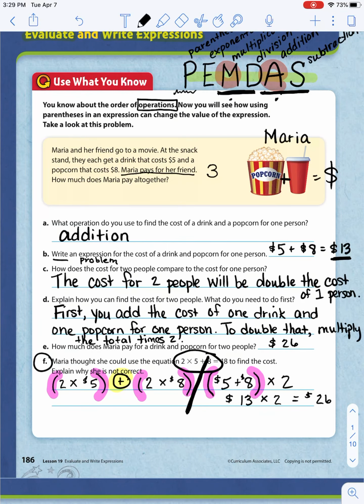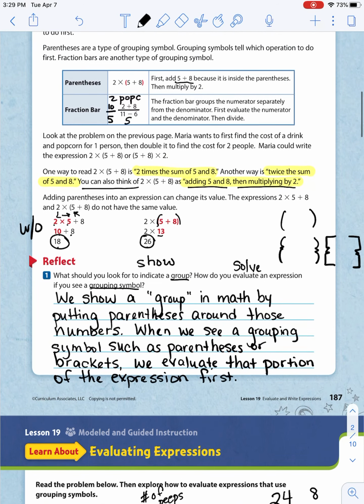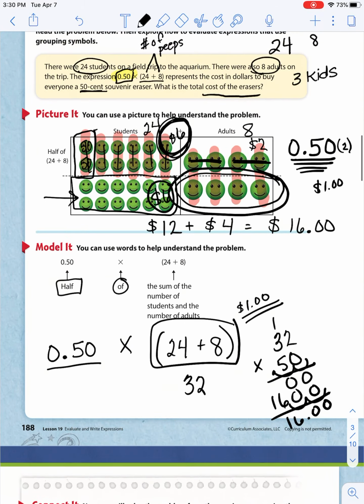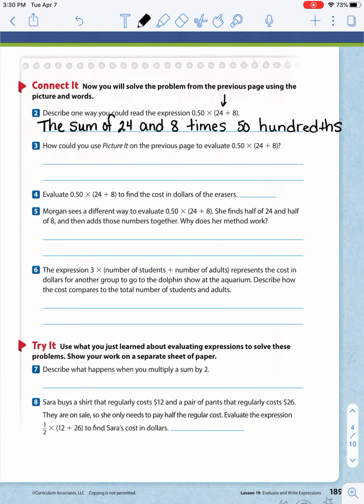A lot of you are not realizing that the number one part of this lesson for 5th grade with evaluating expressions isn't really as much the solve, because you can't do the solve until you can write the expression correctly.